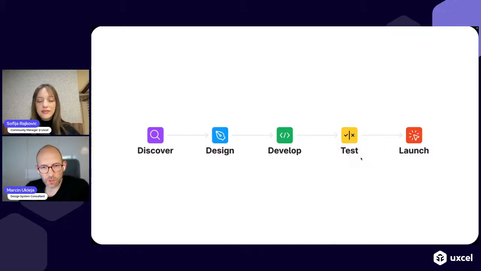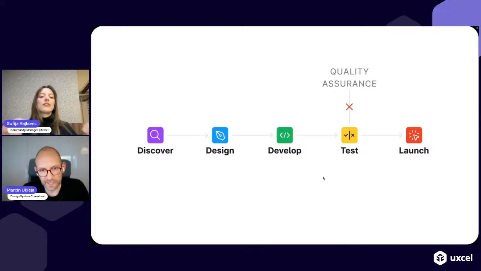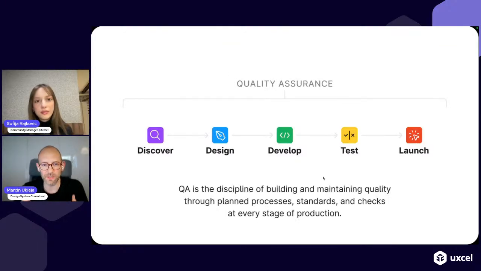And there's a very common misconception, at least I've seen it a few times, that testing is equal to quality assurance. Testing is part of quality assurance, but quality assurance is not a stage. Quality assurance is a mindset that covers every single stage of the process.